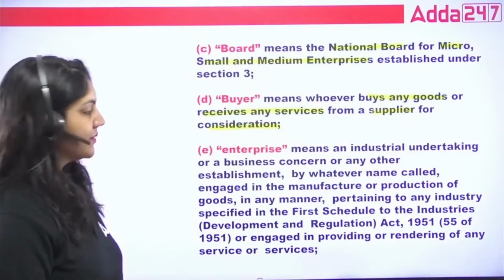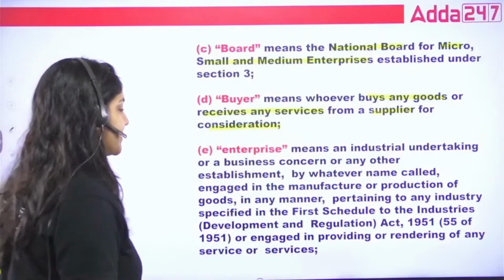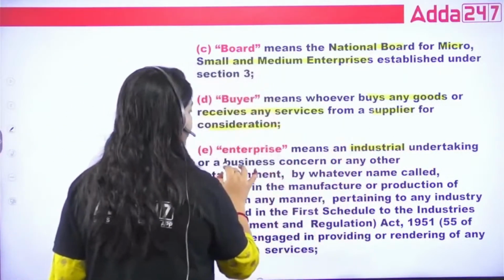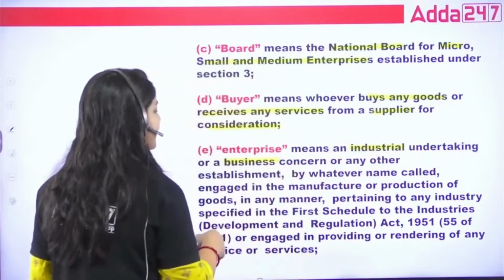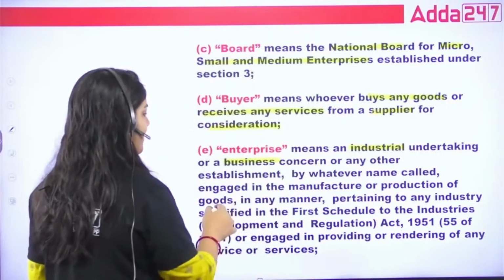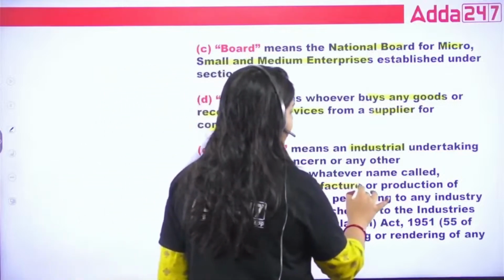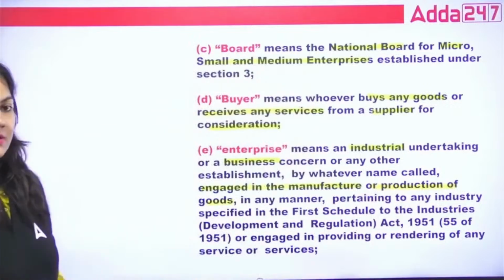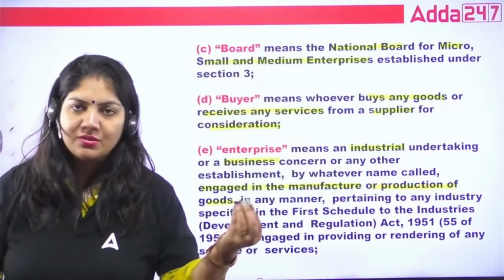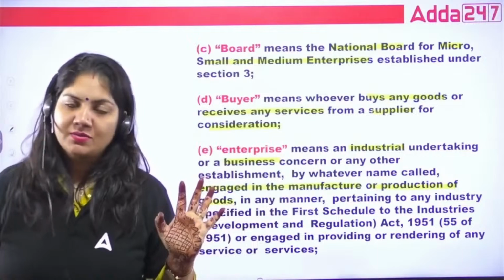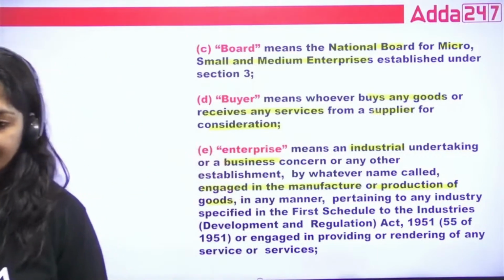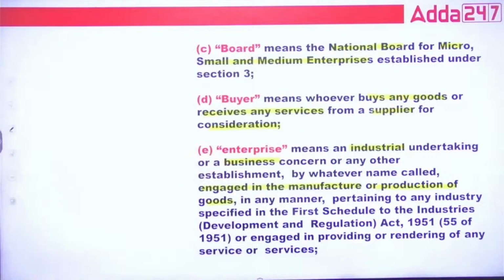Important definition: what is enterprise? Enterprise means an industrial undertaking or a business concern or any other establishment, by whatever name called, engaged in the manufacture or production of goods in any manner. Suppose if I have established any industry, that is my enterprise. This is called enterprise, guys.